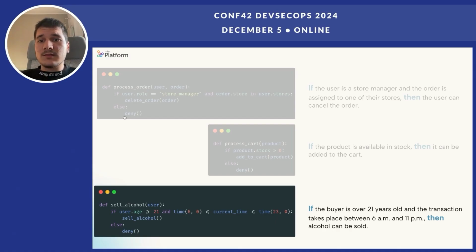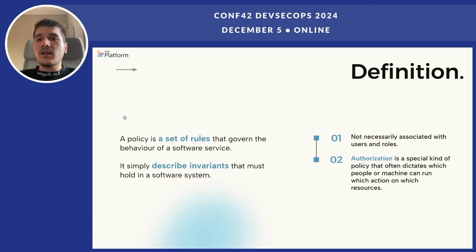And applying this to real life, even rules like the age limit for purchasing alcohol can, in a way, be considered a policy. In general, a policy is simply a set of rules that govern the behavior of a system by describing the invariants that must hold within it.